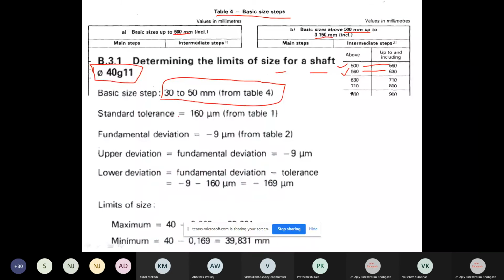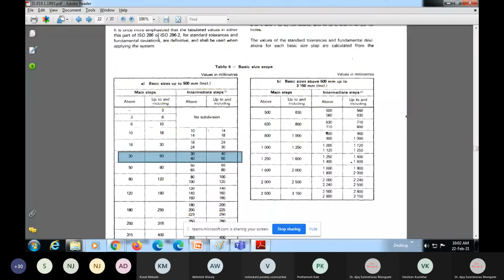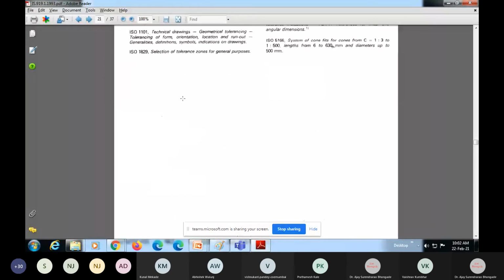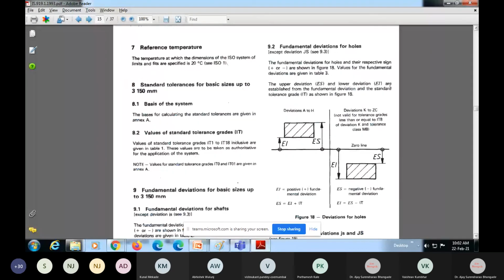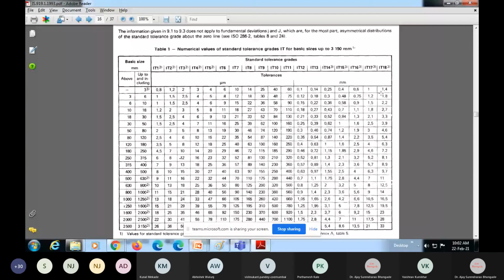Then the standard tolerance. I know that the standard tolerance is IT. What is the value of IT for the shaft? The value of IT is IT11. If I want to work out the value of IT11, you can go to the shaft. Now we are talking about the shaft. So if you go to table number 1, what is our G11, right?